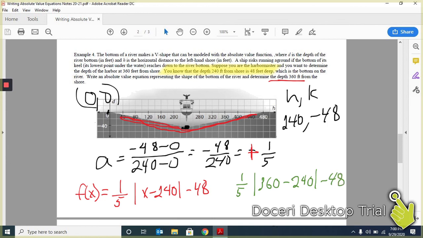When I do all the math, 360 minus 240 is 120. Absolute value of 120 is 120 divided by 5, minus 48. It looks like the depth is going to be minus 24 feet.